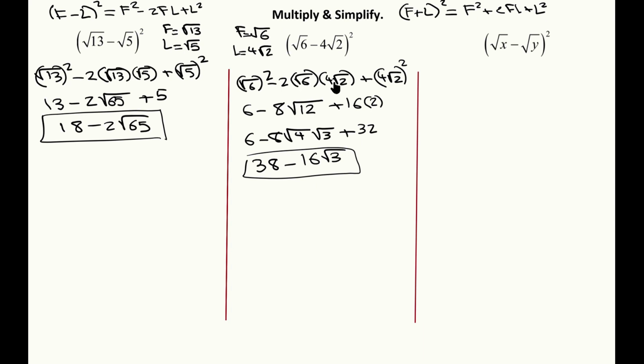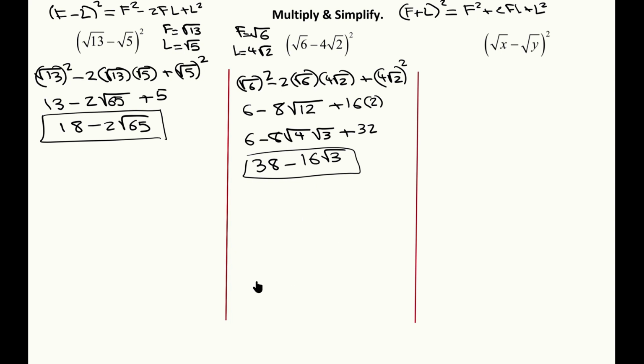So that's why we have to be careful when we make that assumption. That 2 from here and that 2 gave us the perfect square 4. So be careful with that. Don't assume just because these two are not perfect squares that their product won't have a perfect square factor in it.